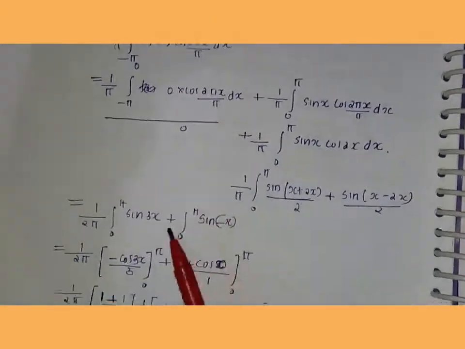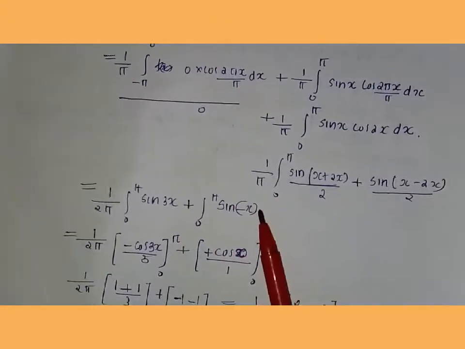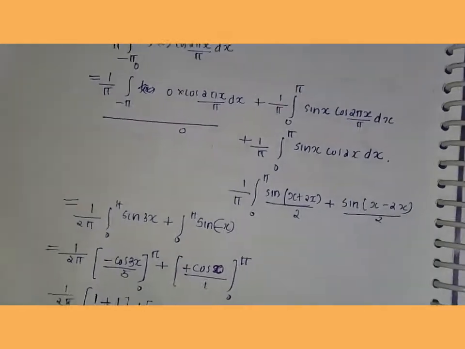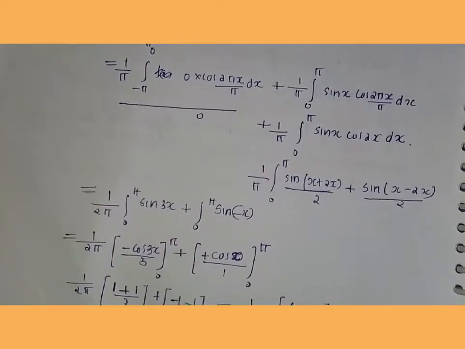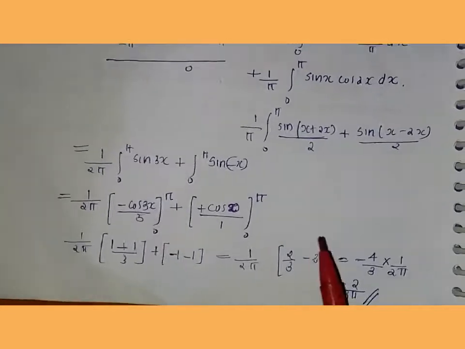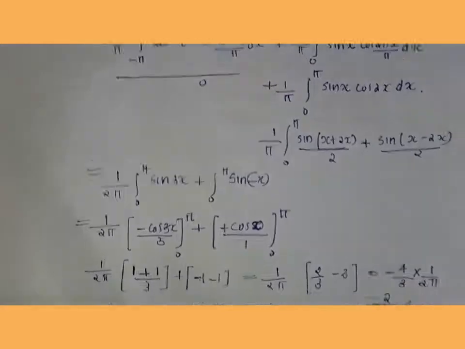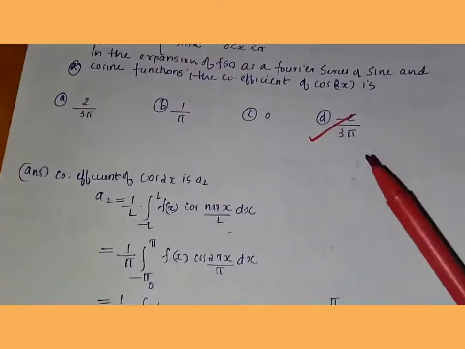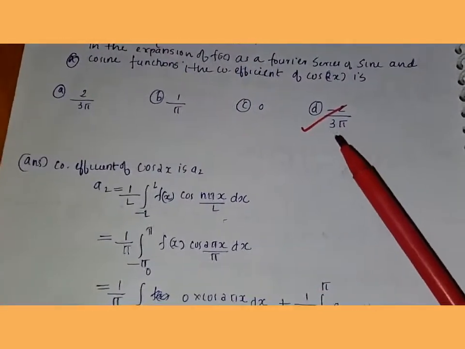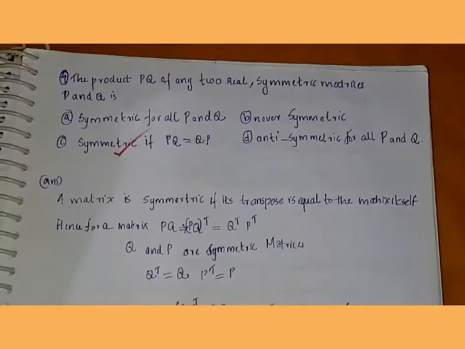Sin of minus x is minus sin x. After integrating, we know that the integral of sin is minus cos, and after putting the limits we get the answer as minus 2 by 3 pi. So the integral value is minus 2 by 3 pi. Here we get the answer minus 2 by 3 pi, that is option D is the answer.